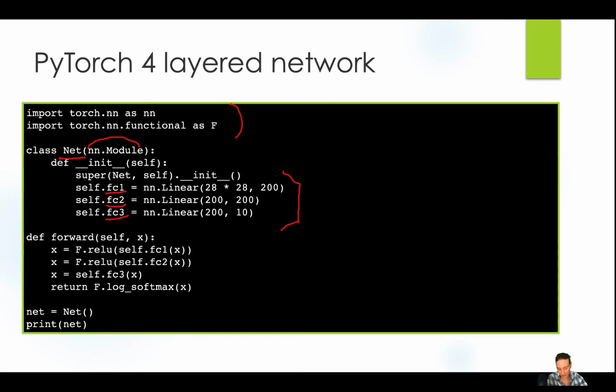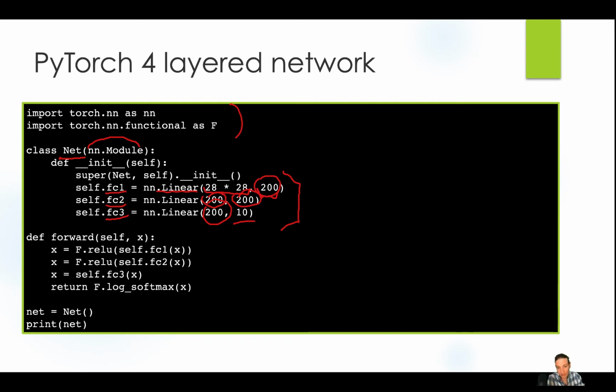And each fully connected layer is what we call in PyTorch a linear layer. It has a certain input and an output. Notice that the output of the previous layer needs to match the input of the next layer. So if this were to be, I don't know, 20, this also needed to be 20. The final output here is 10.